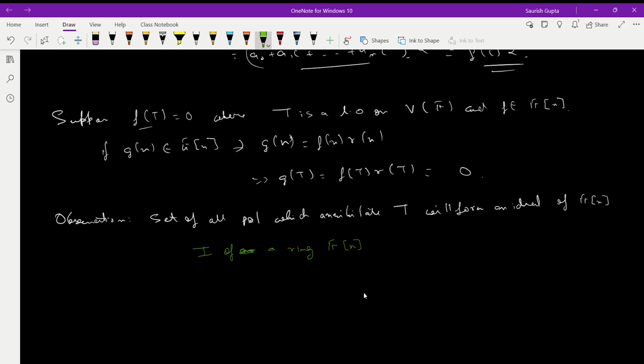Okay, let me just give a brief description of what we are trying to say. So what is an ideal? An ideal of a ring F[x], where F is the field. So obviously it's a commutative ring with identity, right? So we consider a commutative ring simply.